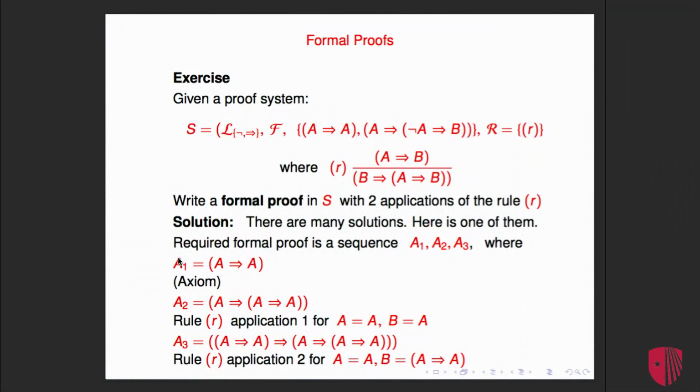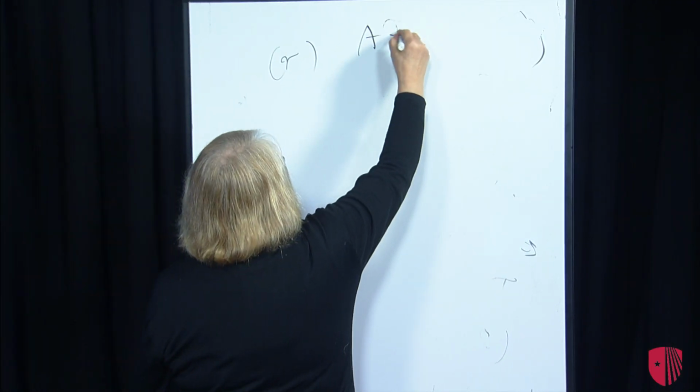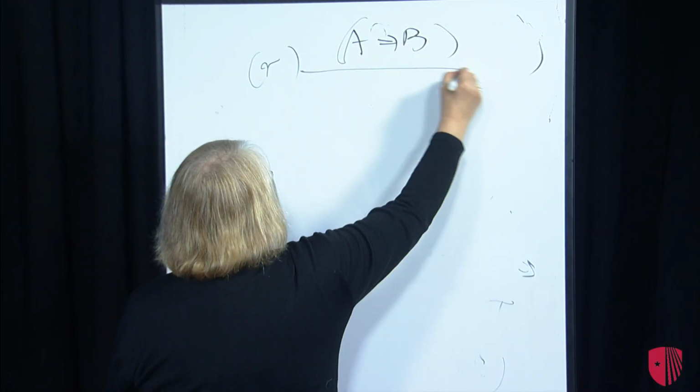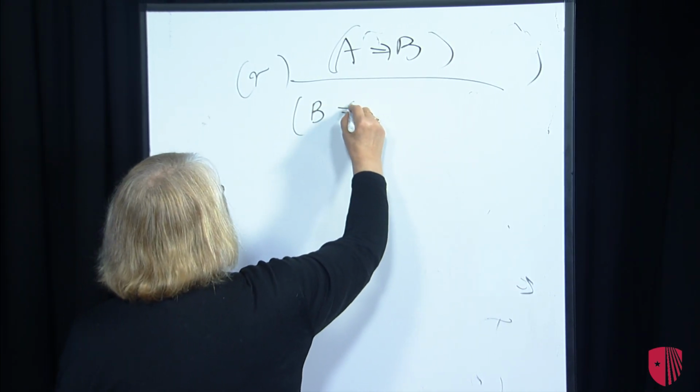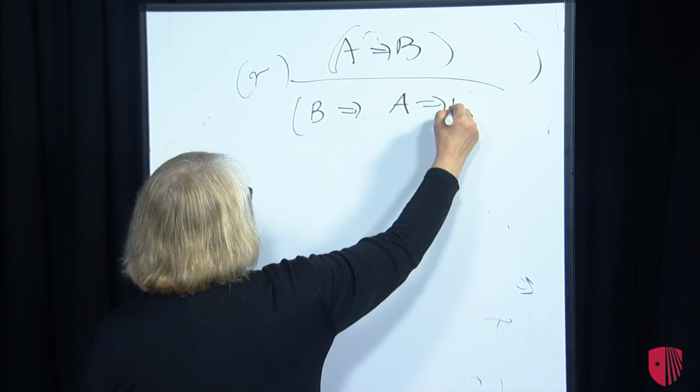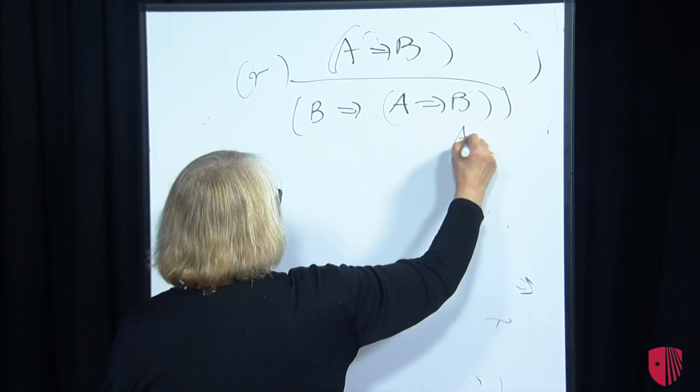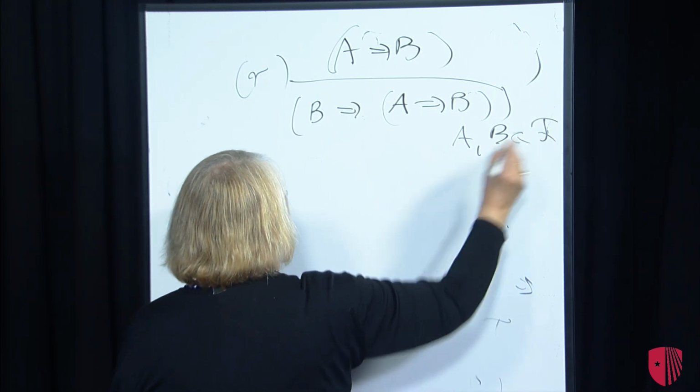And you have one rule of inference, which says, if I have a formula A implies B, I can write a formula B implies A implies B. And again, remember, the rule R is A implies B, and the structure of the rule says that I can apply A implies B, where A, B are any formulas.